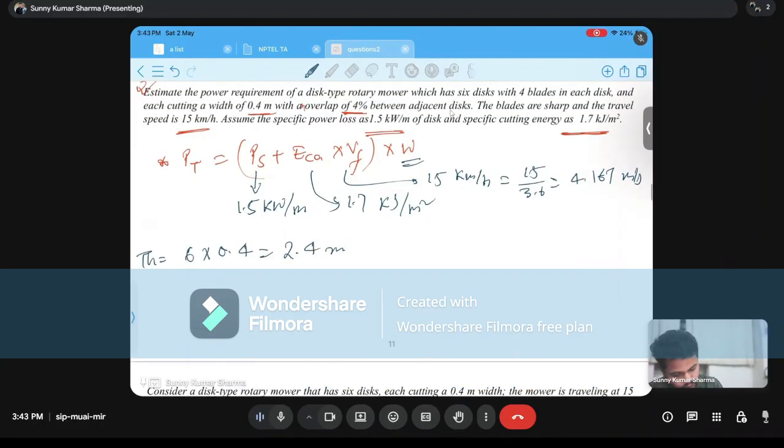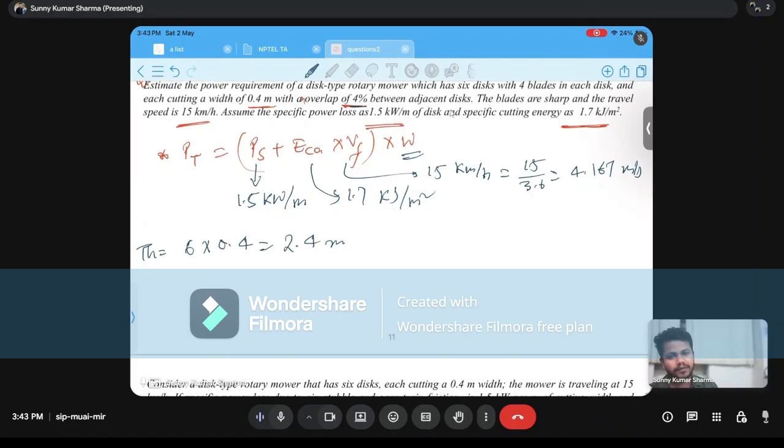And we have an overlap of 4% between adjacent discs. So what is the total overlap that we will subtract from this theoretical width of the rotary mower? The overlap between two adjacent discs is 0.04 of 0.4 meter, and as there are 6 discs, 5 overlaps will be there.